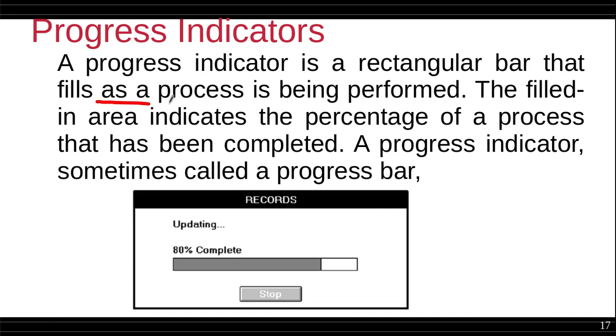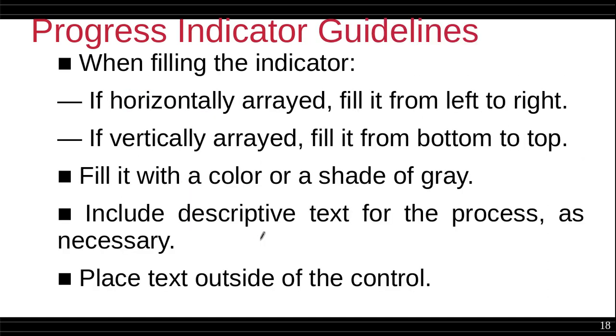The filled in area indicates the percentage of a process that has been completed. A progress indicator is sometimes also called a progress bar. Here is an example of a progress indicator: 80% completed, something like this you might have observed in a real-time application.